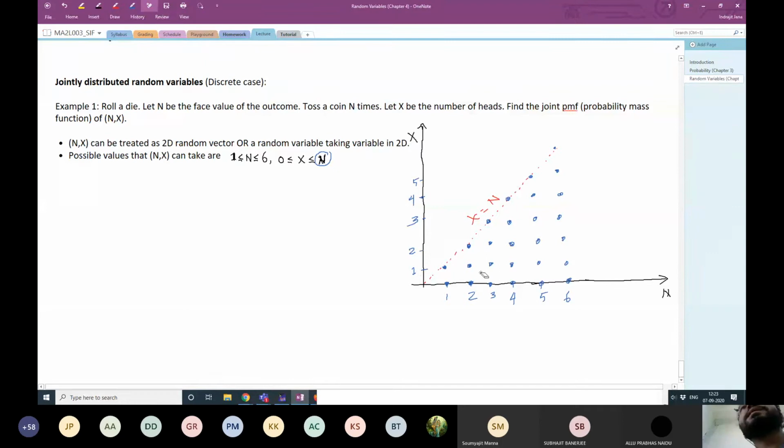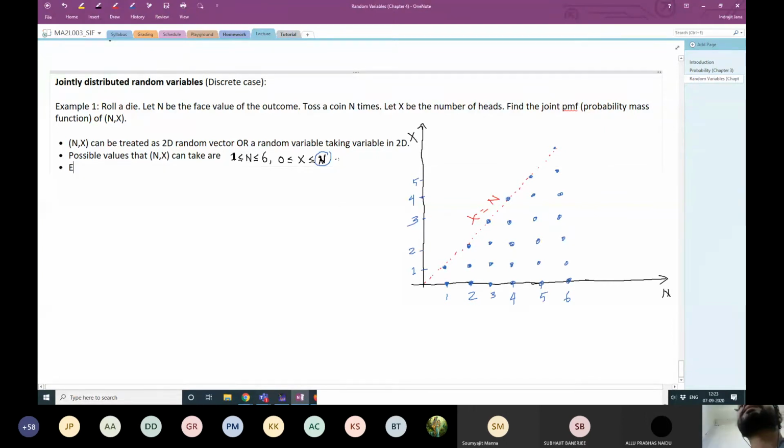Equivalently, you can write this range that I wrote there as 1 less than or equal to n less than or equal to 6. This can be written in a different way.